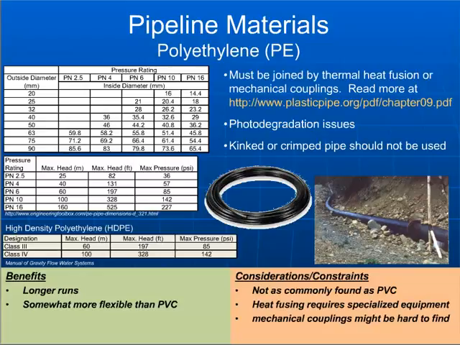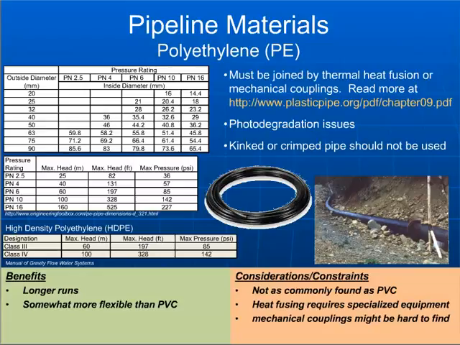But again, this type of material may be locally available, and it may cost less than PVC as well. So there may be advantages to using it, but just make sure that you've got all of your issues resolved as far as connections go. And then the pressure rating on polyethylene materials tends to be different than the PVC.